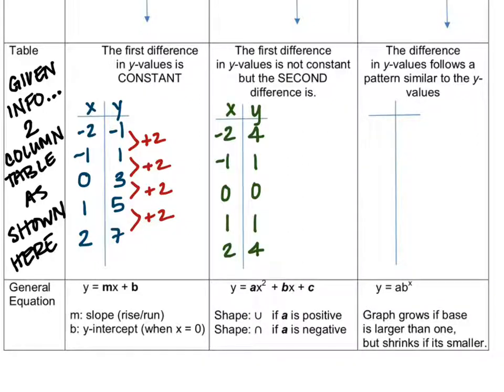And we're going to fill in the values for x and y, starting with -2 and 4, -1 and 1, 0 and 0, 1 and 1, 2 and 4. Now take a moment to fill these in, and then we're going to find the difference again.